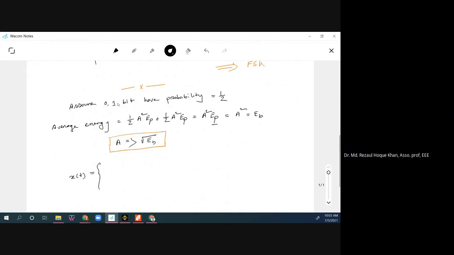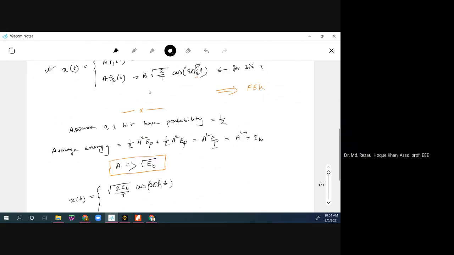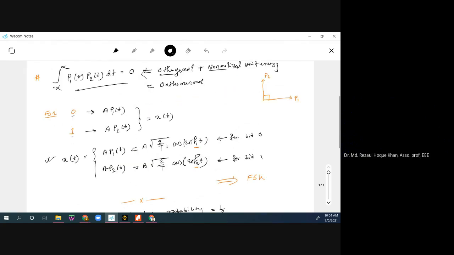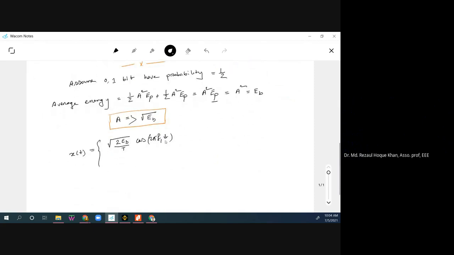The signal can be square root of 2 EB by T cos 2 pi f1 t, or square root of 2 EB by T cos 2 pi f2 t.